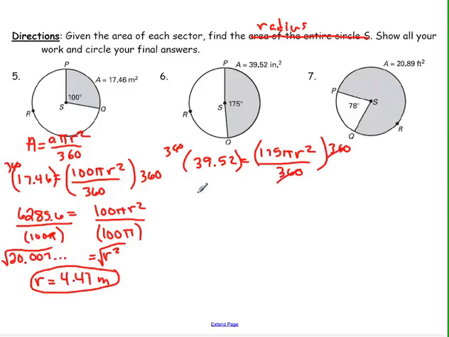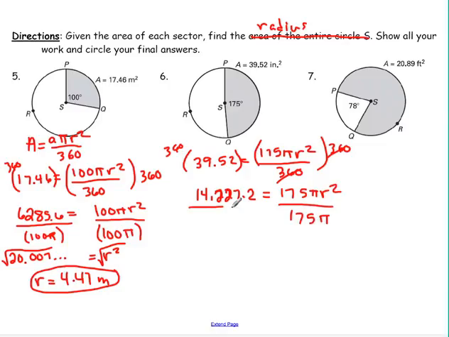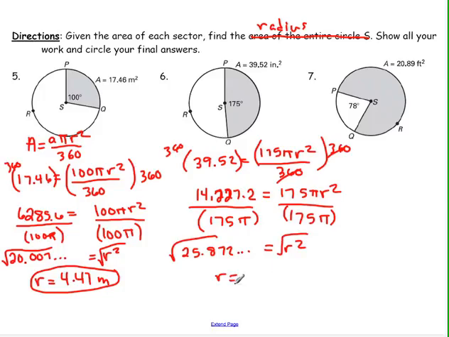We'll have a really big number, 14,227.2 equals 175 pi r squared. We'll divide both sides by 175 pi. Again, I would keep that in parentheses so that your calculator knows to divide both of those. You'll get approximately 25.872. There are some more digits on here. Make sure that you use all of those digits when you take the square root of both sides. So that leaves us with r equal to 5.09 inches.